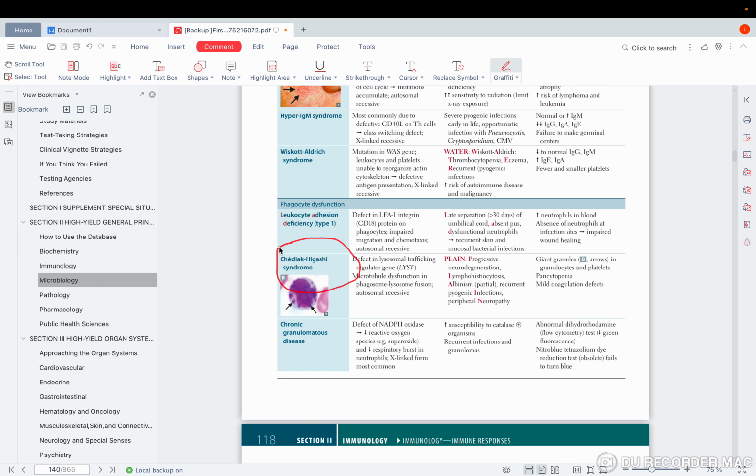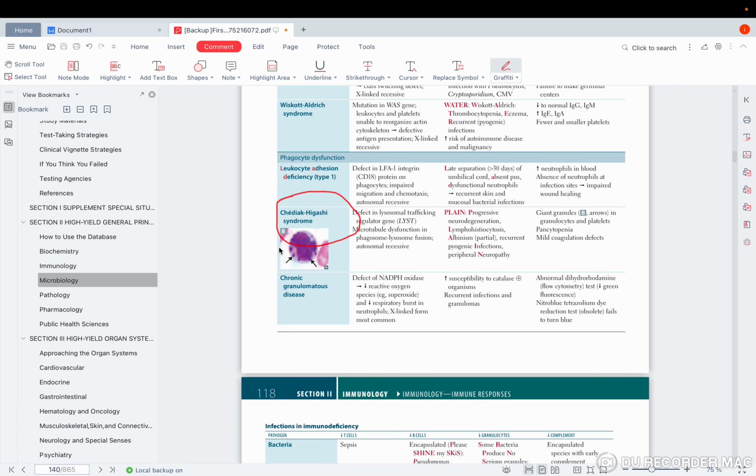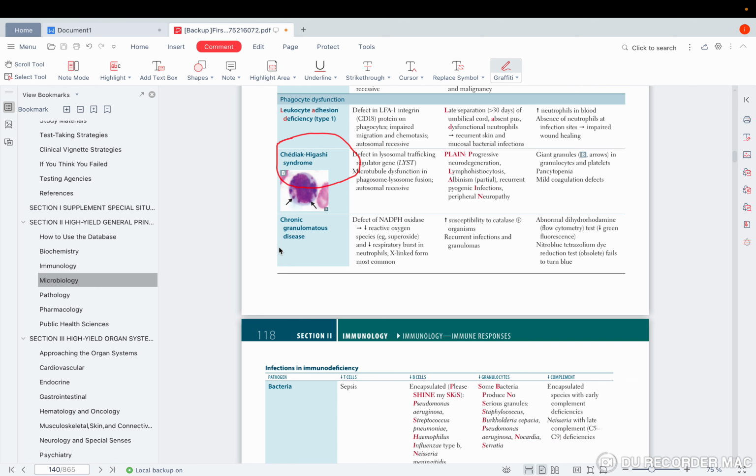Okay, good. And why do they get peripheral neuropathy? Because the neurotransmitter cannot transmit stuff. Yeah, microtubule dysfunction. Yep.